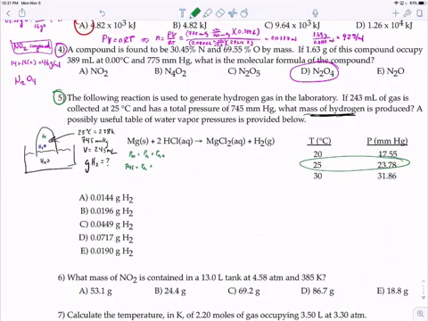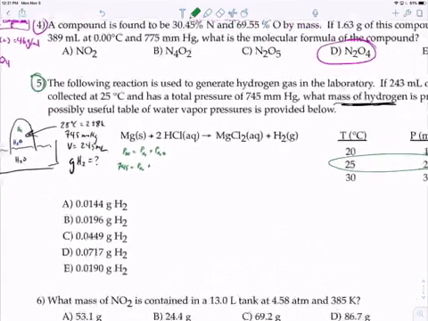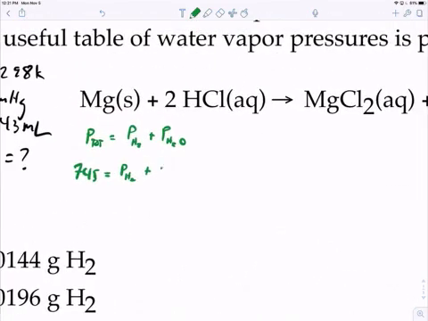And we don't have that many digits, so this implies the pressure of hydrogen is 745 minus 24, equals 721 millimeters of mercury.